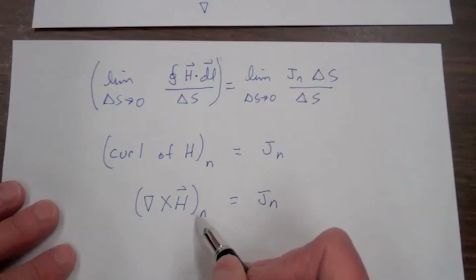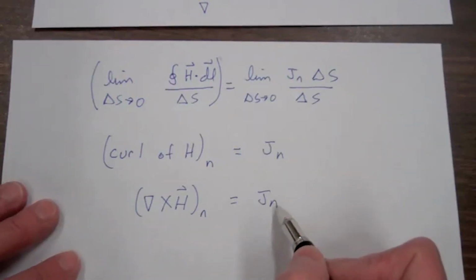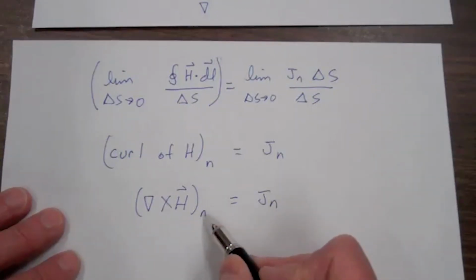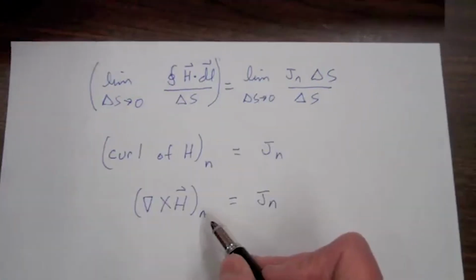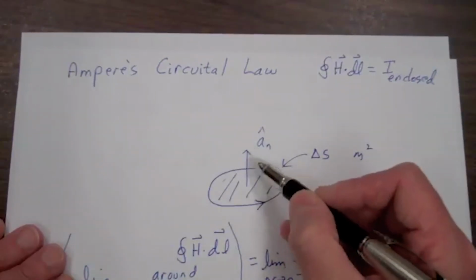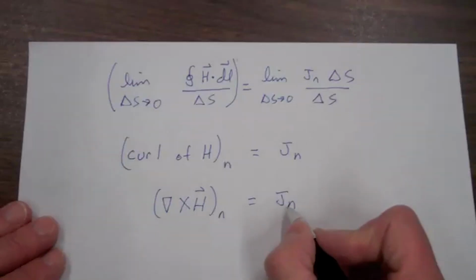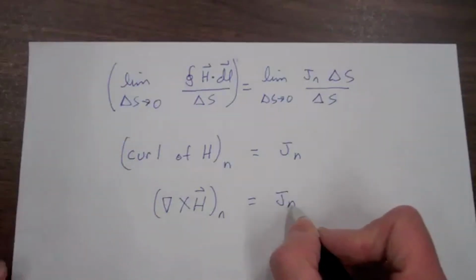Now, this will just give us the component in the n direction. If we had oriented our loop such that the unit vector normal to it was in the A sub x direction, we would have found the component of the current density in the x direction.